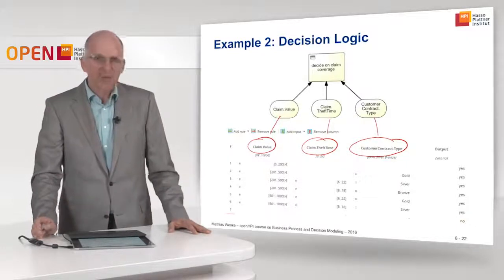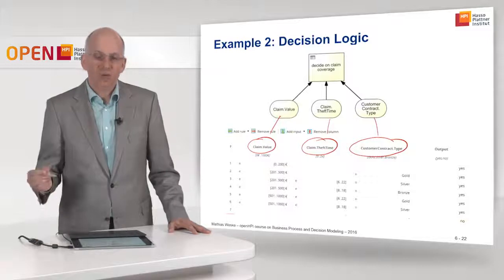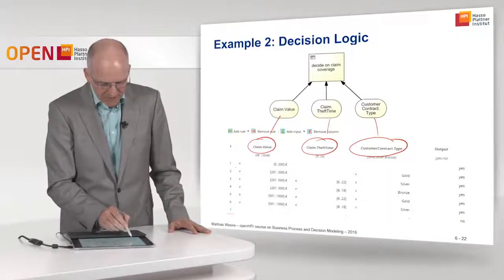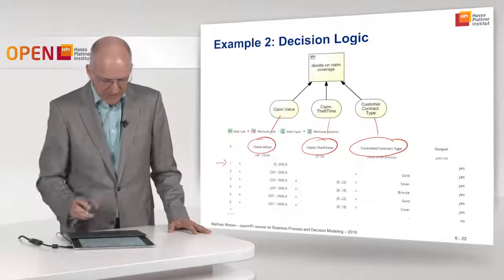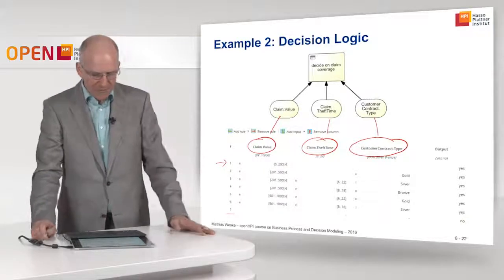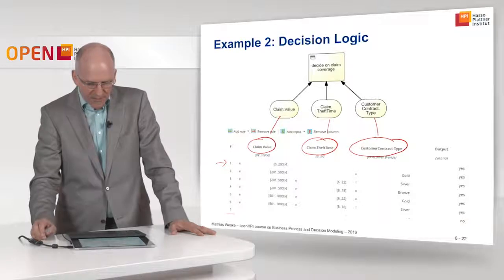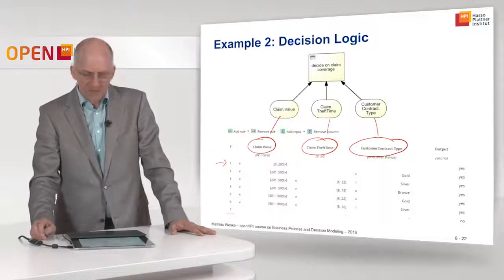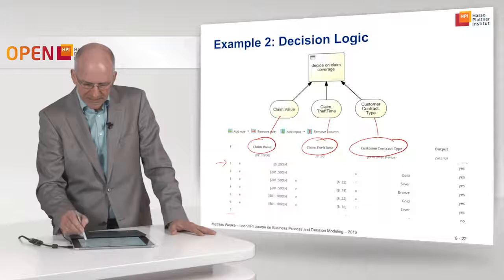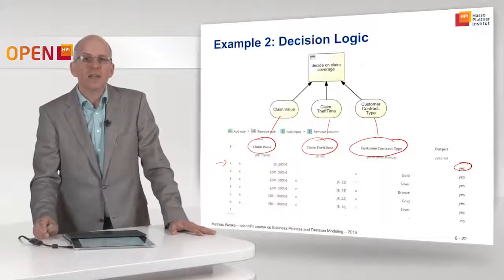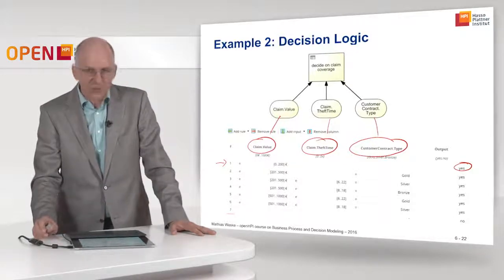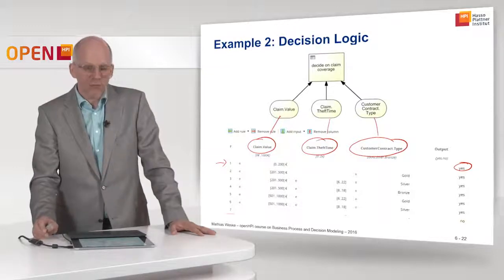Here also we can encode the decision logic. So the first rule reads like, if the claim value is up to 200 euros, then I don't care about the theft type and I don't care about the customer contract, and the output is yes. So any damage not exceeding 200 euros will be covered.